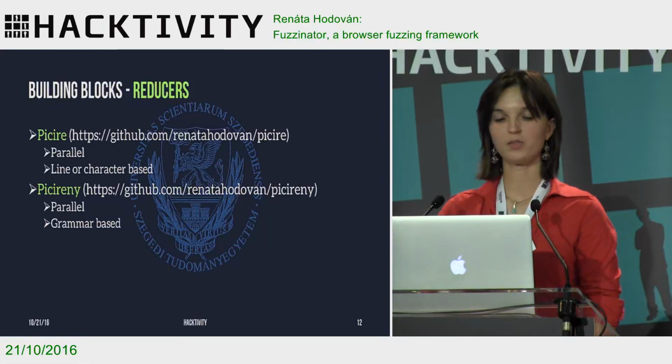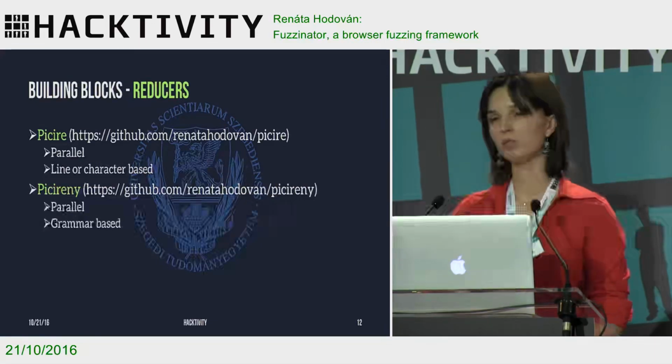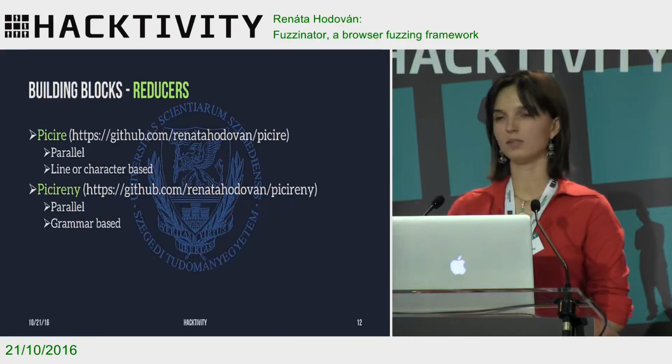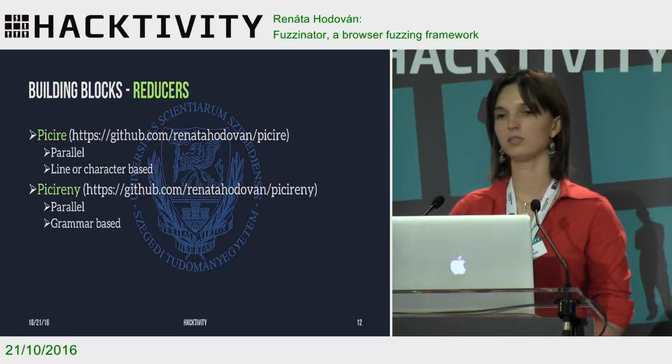The difference between Picire and Picireny is that Picire works on a character or line basis, which means a dummy reducer, and Picireny can make use of the syntax knowledge of the input format and can reduce the test case in much fewer steps.